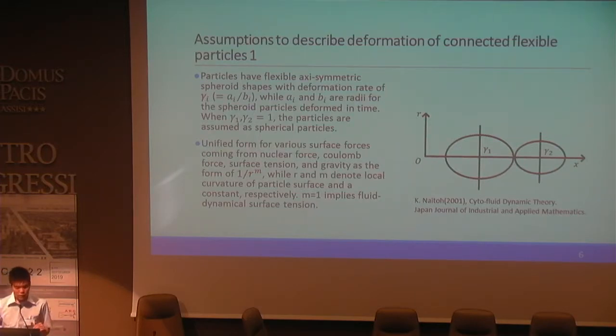Second, unified form for various surface forces coming from nuclear force, Coulomb force, surface tension, and gravity as a form of 1 per r to the power of m, while r and m denote the local curvature of particle surface and a constant, respectively. M equal 1 implies the fluid dynamical surface tension.